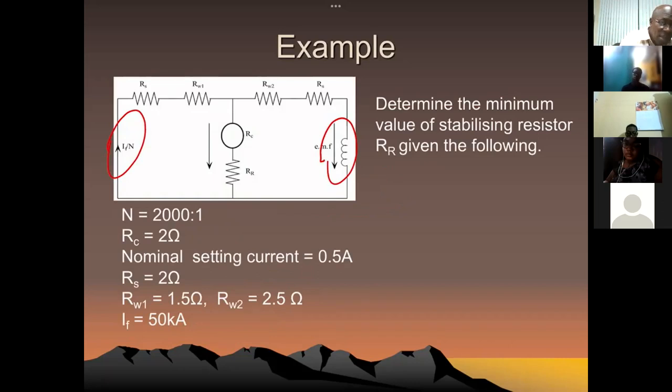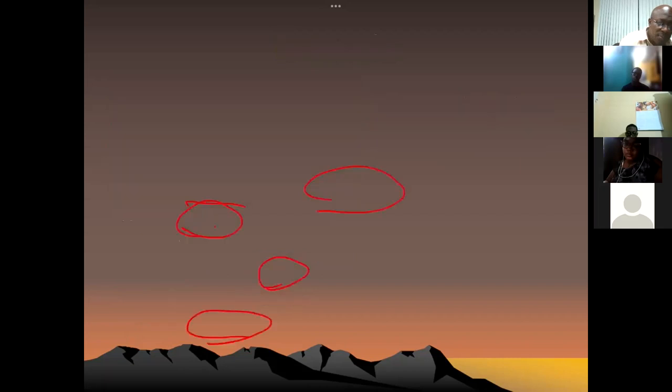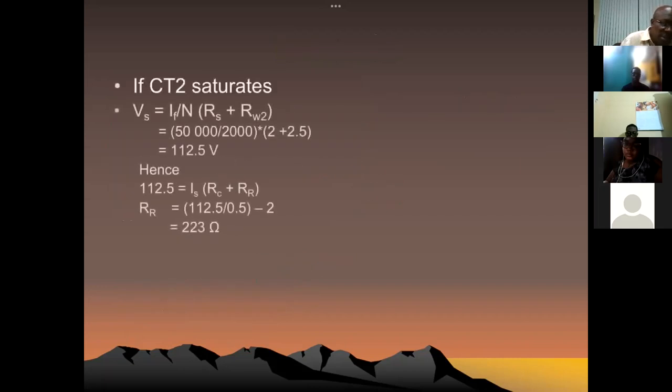Because it's not associated with the equipment being protected. So if CT2 saturates, it's the same fault current, the same CTs we're using. But in this instance, the wiring resistance is a little greater.